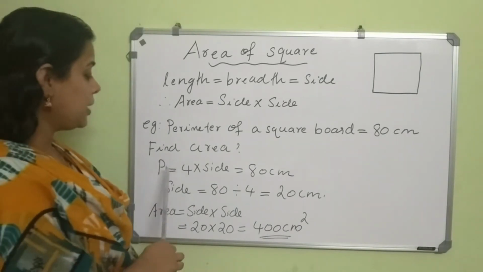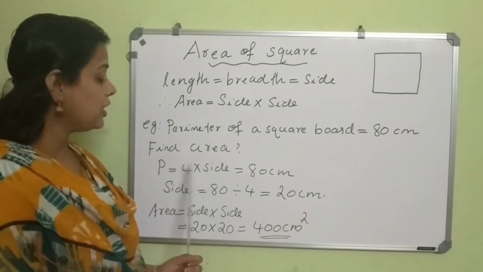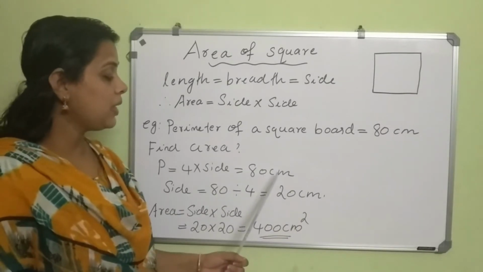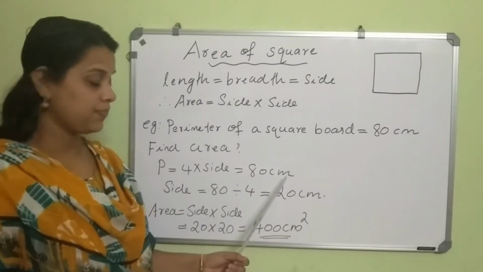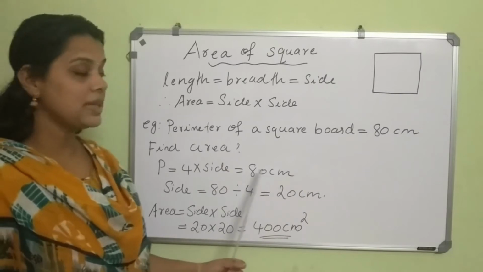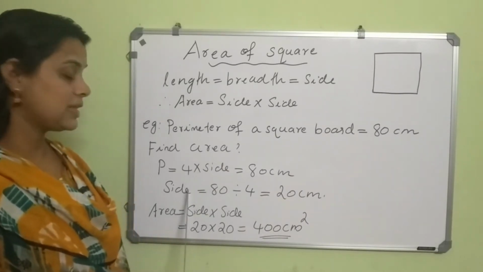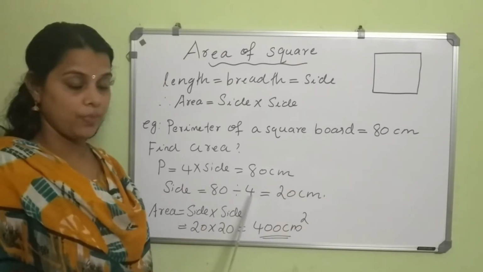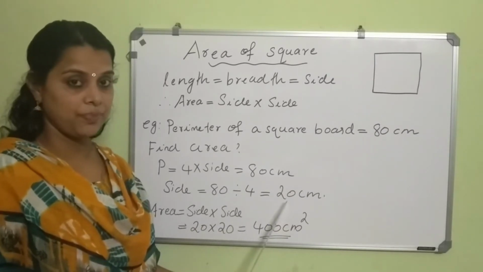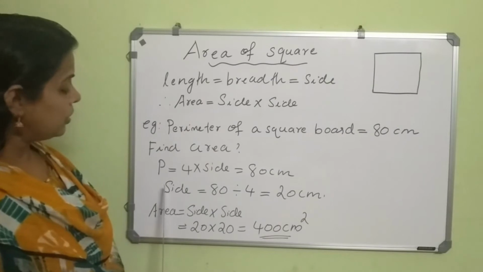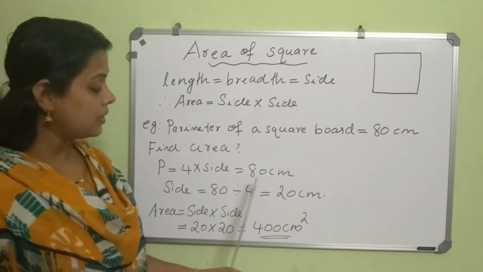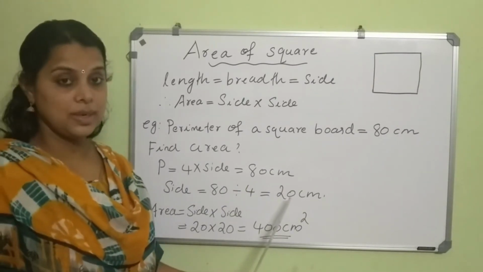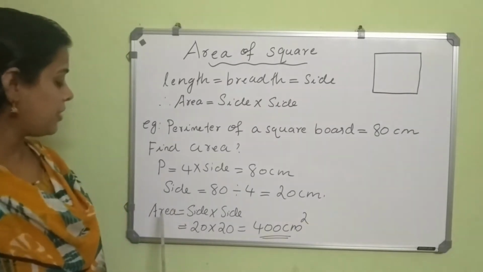We know how to find perimeter. That is 4 into side. That is equal to 80 centimeter. It's given. So 4 into side is 80. So what is the one side? That is 80 divided by 4. That is equal to 20 centimeter. We know one side of the square board is 20 centimeter. Now we can find area.